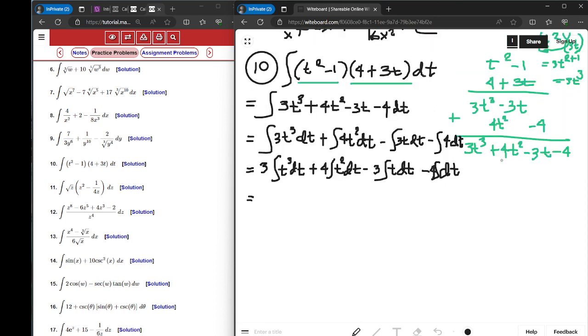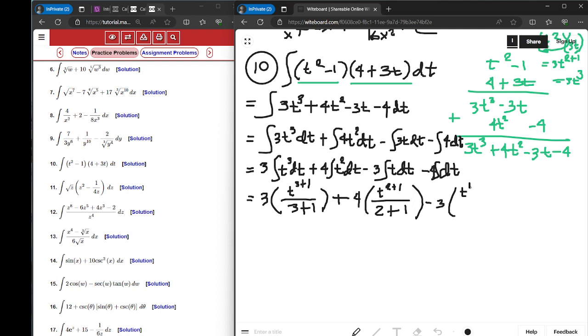Then let's follow the rules, the formula. So that is 3 times t to the 3 plus 1 over 3 plus 1, plus 4 times t to the 2 plus 1 over 2 plus 1, minus 3 times t to the 1 plus 1.